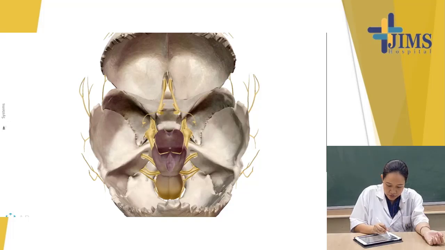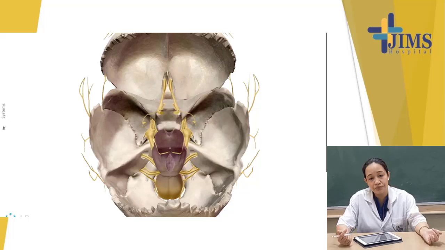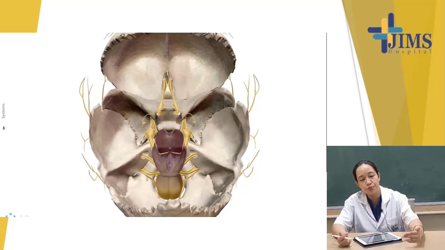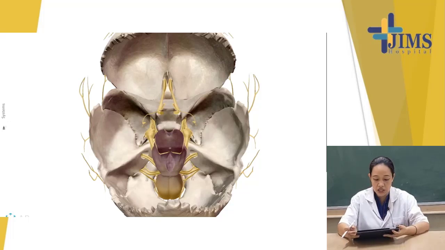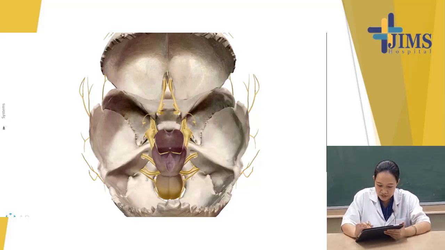Next is the distribution of the nerve. So, after the cavernous sinus, we have the superior orbital fissure. In the superior orbital fissure, 2 rami of the oculomotor nerve are present. First is the superior ramus and the second one we call the inferior ramus. So, what does the superior ramus supply?